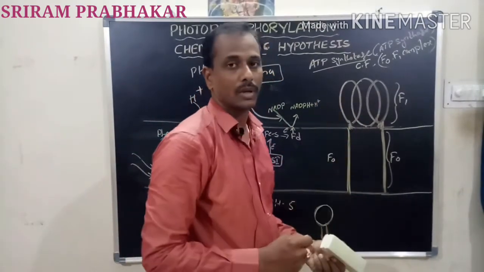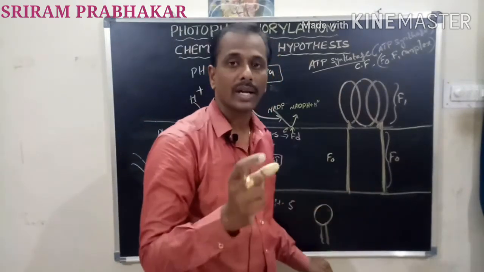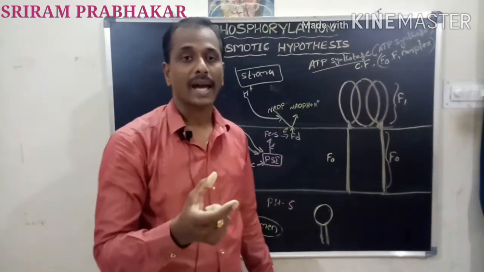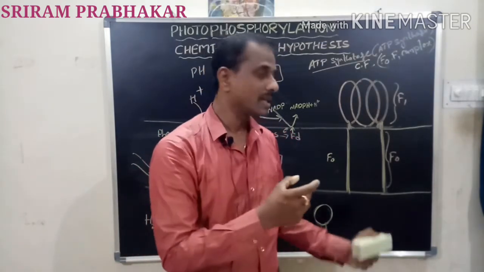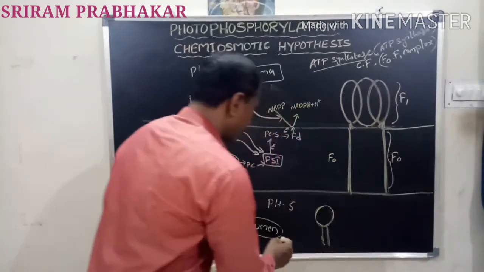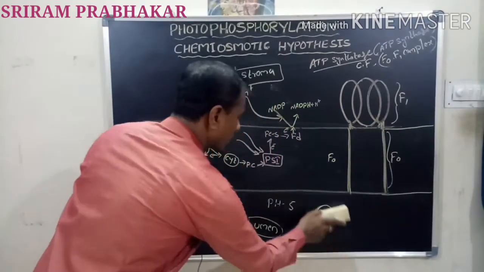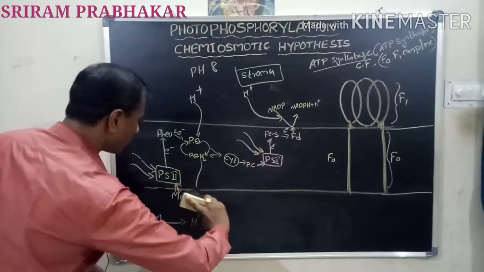How does it work? The F0 complex is located in the membrane and acts as the proton channel. That means it acts as a bridge, so that the H plus ions accumulated here can pass. What is present in the lumen?